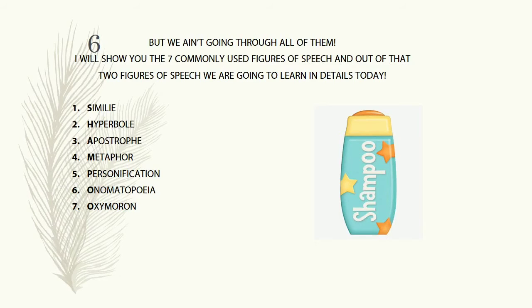Simile, S, hyperbole, H, apostrophe, A, metaphor, M, personification, P, onomatopoeia, O, oxymoron, O again. So if you join all these letters, you will find a word that is shampoo. So shampoo is a kind of fun abbreviation which you can learn to remember the 7 commonly used figures of speech.